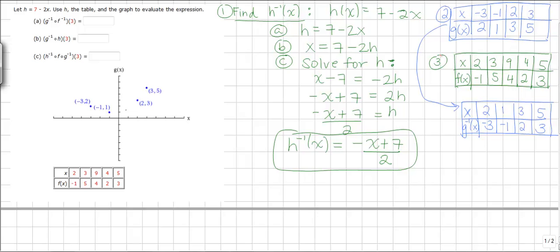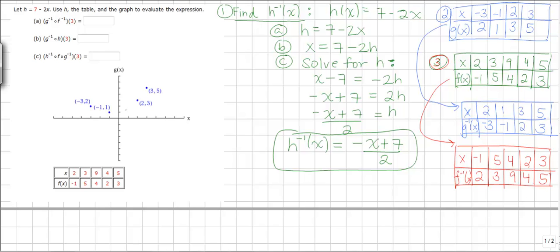Likewise, my table for f leads me to a table for the inverse of f. And note that we said that f of 2 is negative 1, so f inverse of negative 1 is 2. f inverse of 5 is 3. f inverse of 4 is 9. Okay, f inverse of 2 is 4. And f inverse of 3 is 5, and that's swapping all the ordered pairs.